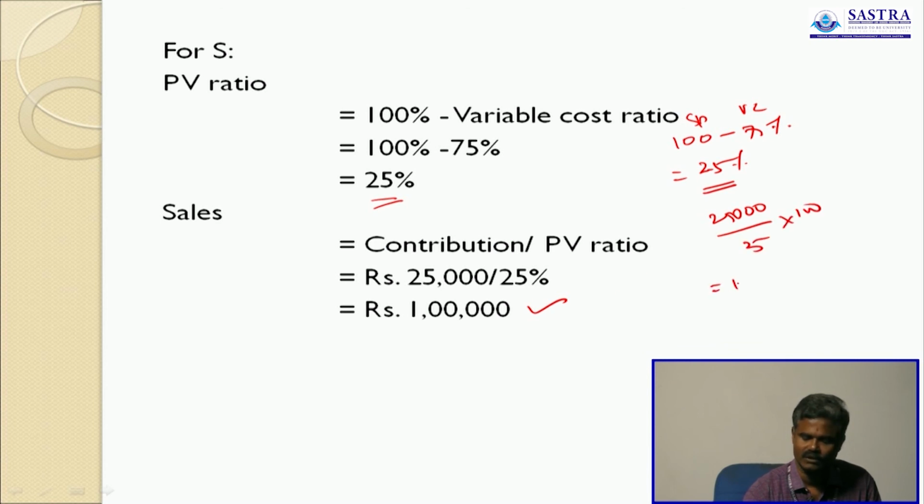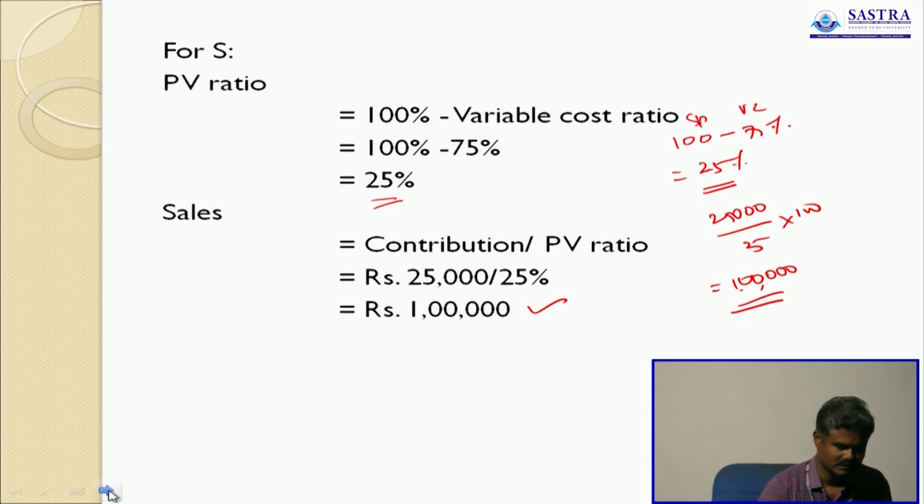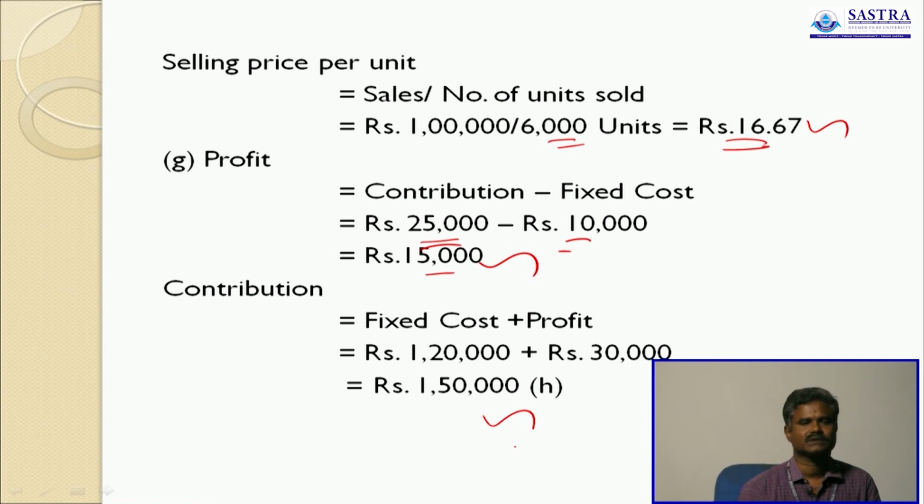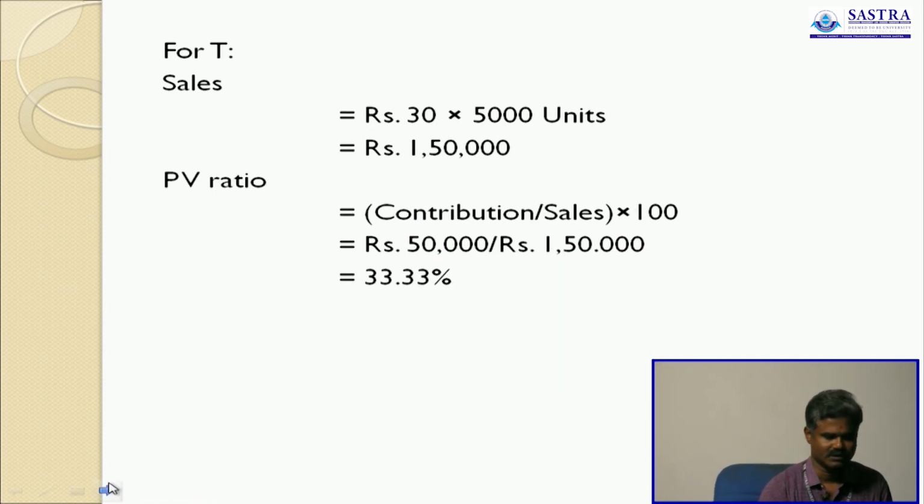So sales is 1 lakh. Selling price per unit is sales to number of units, 16.67, very simple. Then profit is contribution minus fixed cost, 1,50,000. This is the answer for situation S.